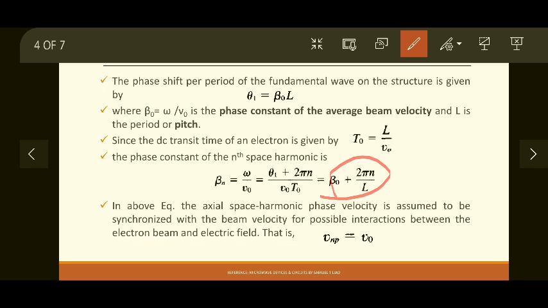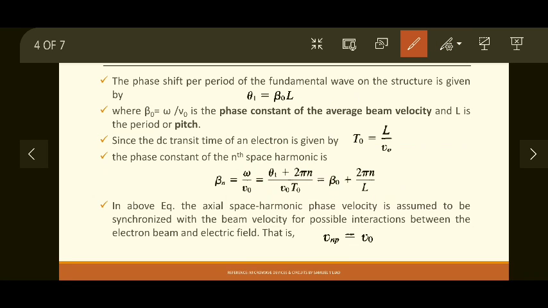This is obtained from the equation of theta 1, and from this equation and this equation. Okay, so let's move on.